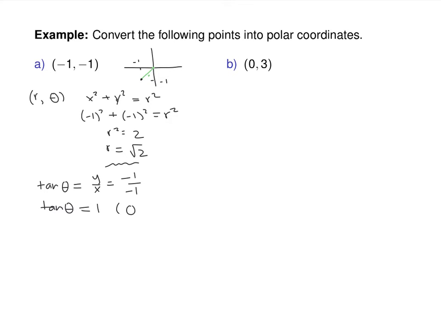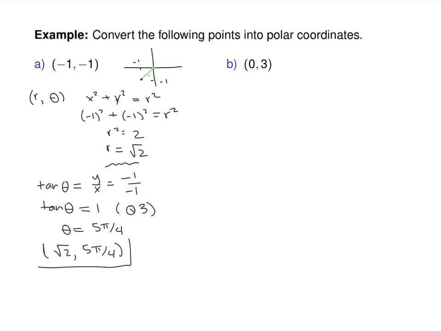And the other thing is it must put you into quadrant 3. So tangent of theta is 1 at pi quarters, but that doesn't put you into quadrant 3. The angle that you need here is 5 pi quarters. So one way to express this point could be root 2, 5 pi quarters.